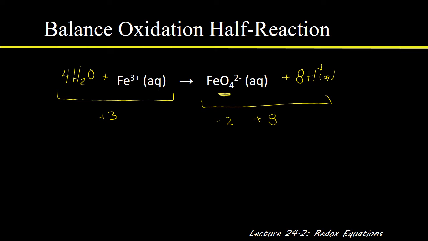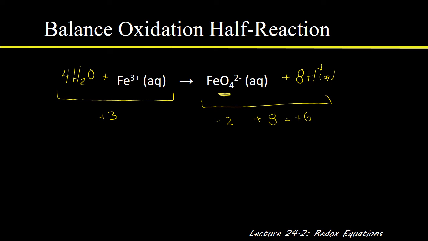And so that means our total on this side is +6. All right. So we want to balance this charge by adding electrons. Remember that electrons have a charge of -1.